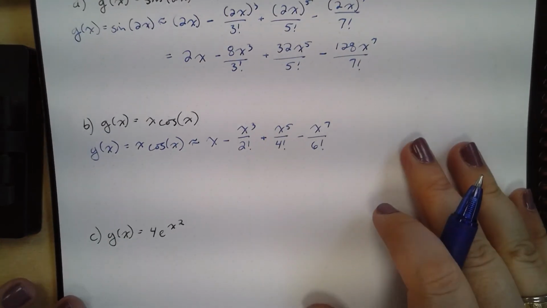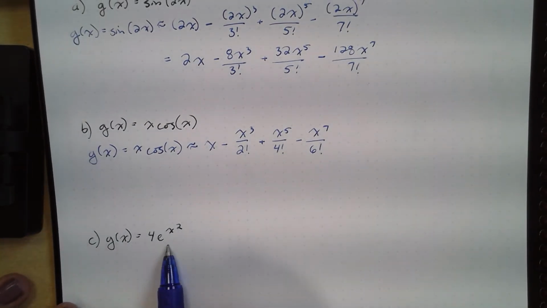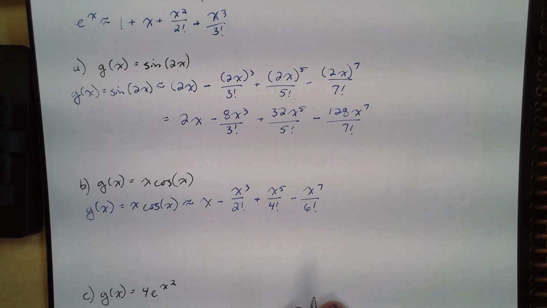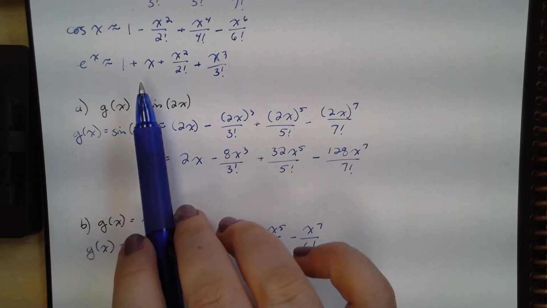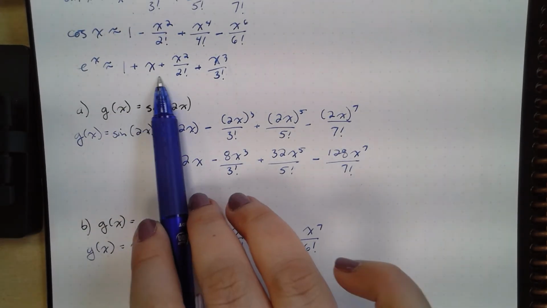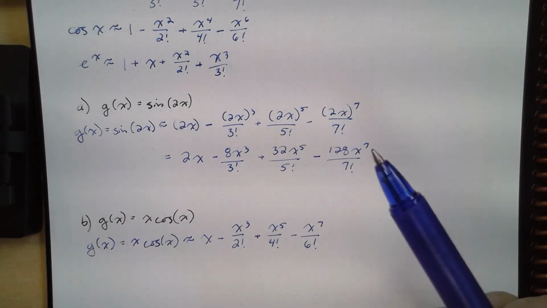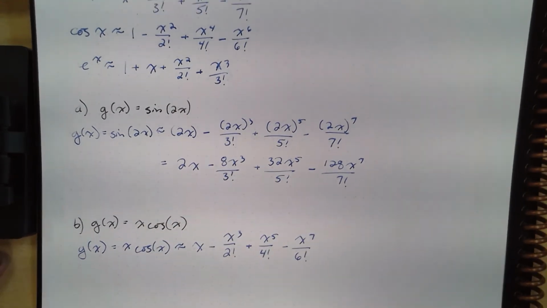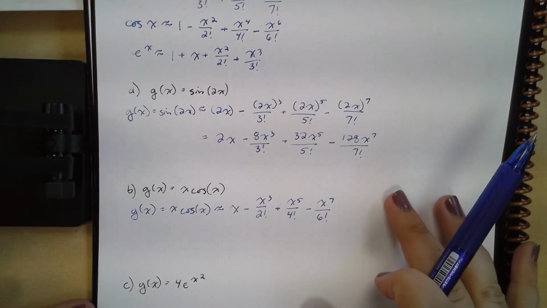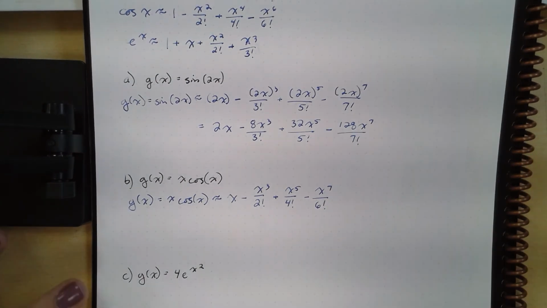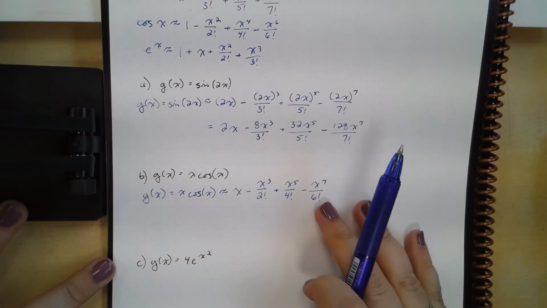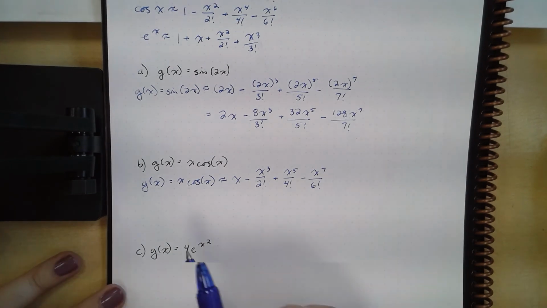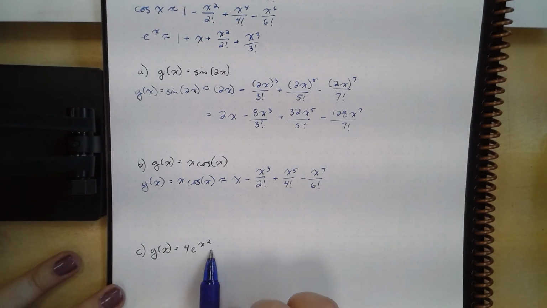And finally, we have g of x equals 4e to the x squared, and we want to find the approximation of that using e to the x. All right, so that's 1 plus x plus x squared over 2 factorial plus x cubed over 3 factorial. So let's do our e to the x squared first.